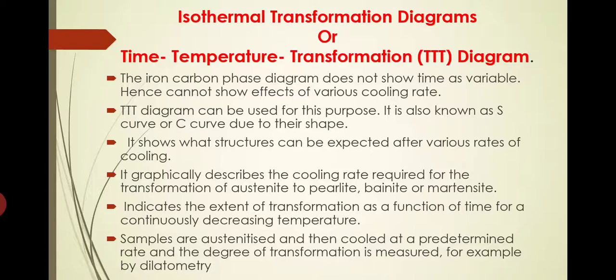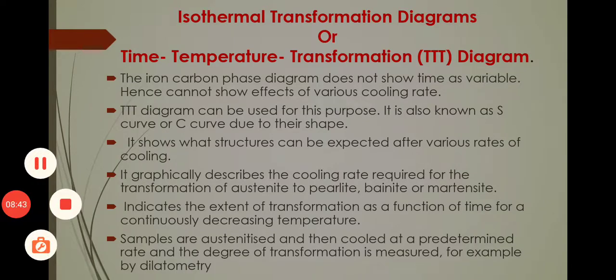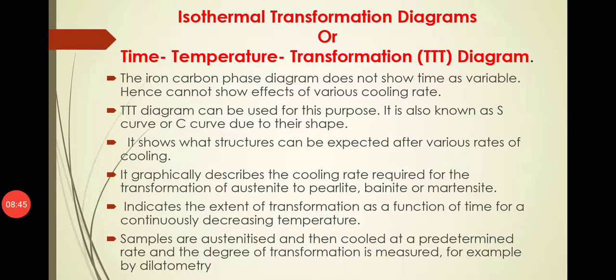It graphically describes the cooling rate required for the transformation of austenite to pearlite, bainite or martensite. You know that while cooling, the most stable structure, austenite, is transformed into pearlite. Pearlite means a combination of ferrite plus cementite. So either we will get pearlite, sometimes we will get bainite, or sometimes even martensite.